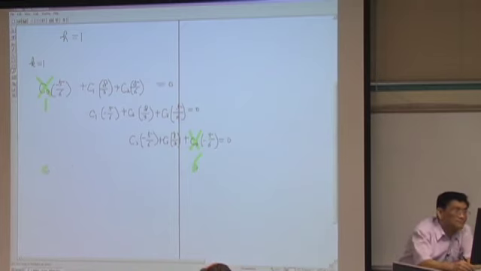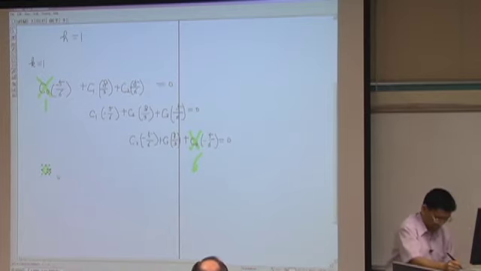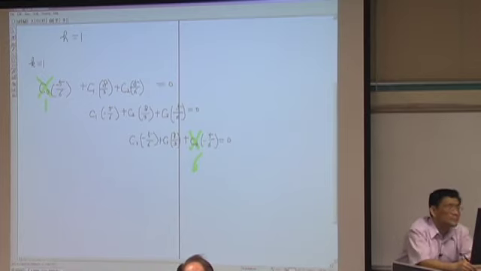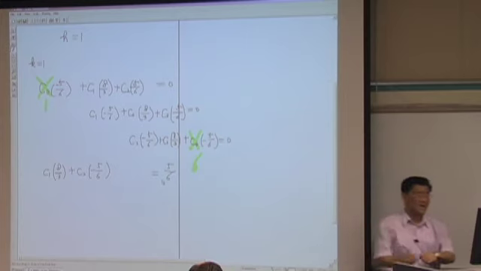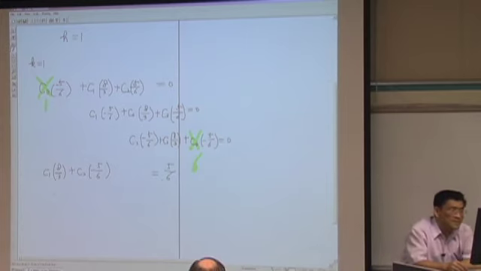C1 times 8/3 plus C2 times minus 5/6 equals this number, 5/6. And the middle one, C1 minus 5/6, C2, 8/3 plus C3 minus 5/6 equals 0.